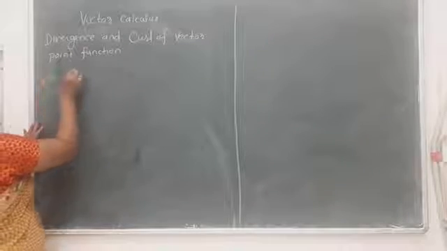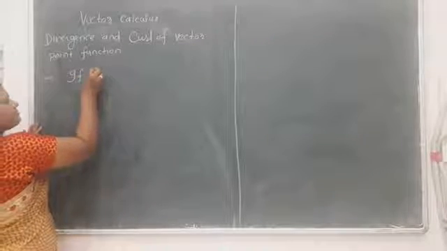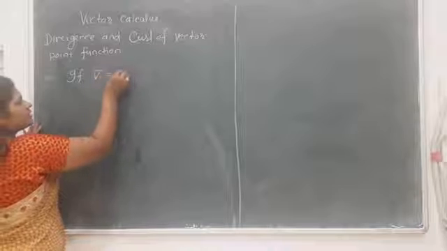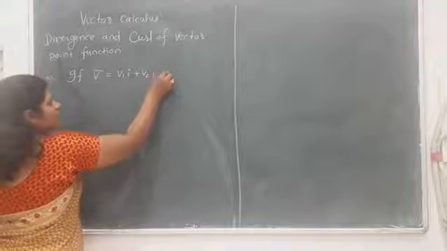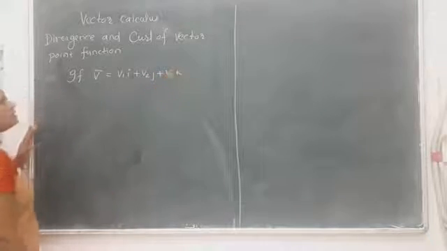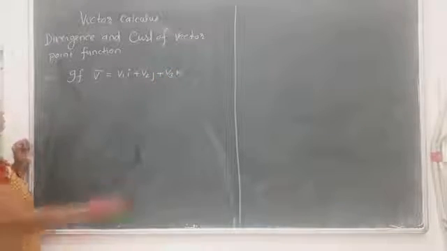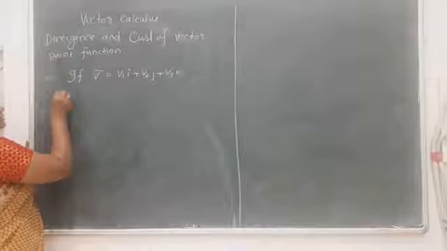Now consider a vector v bar, defined in the form of v1 i plus v2 j plus v3 k. In this form we define the vector, and we have to take the divergence.